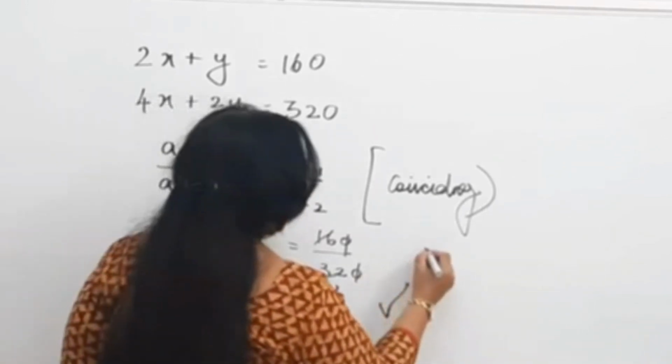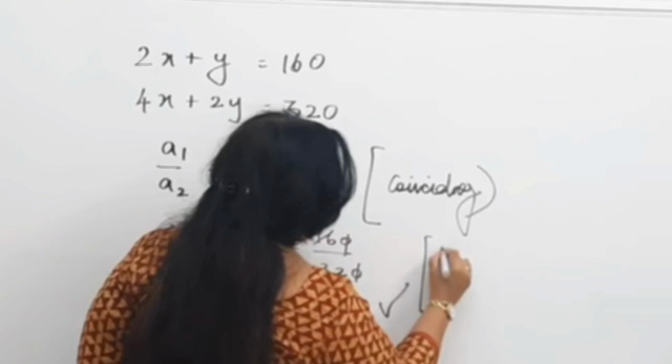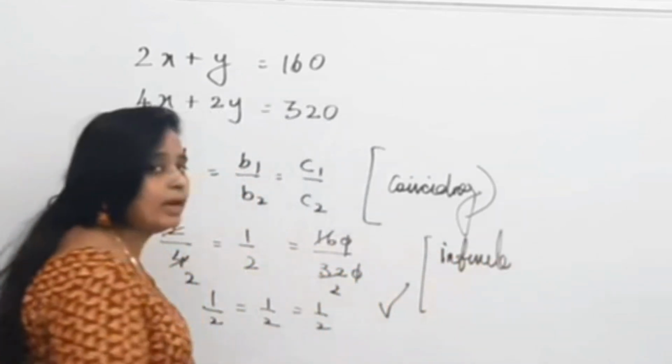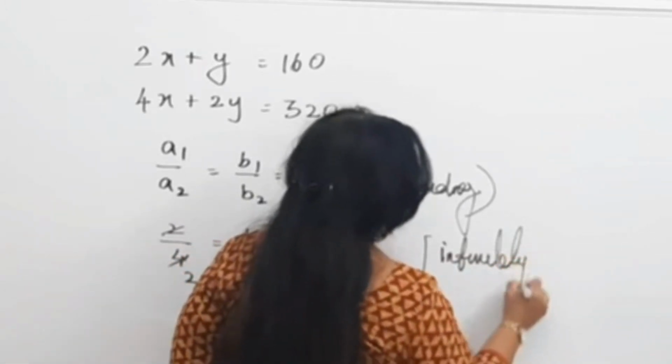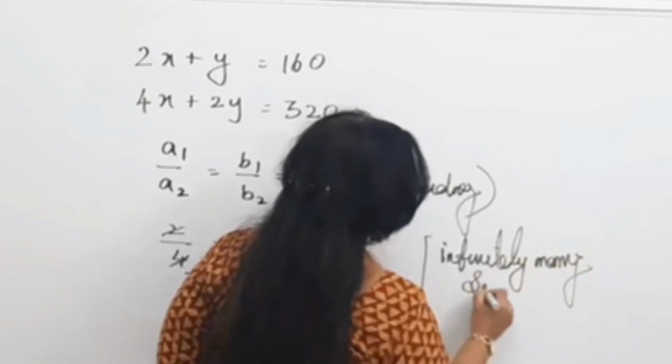So how do we write the conclusion? It has infinitely many solutions and it is a consistent pair of linear equations.